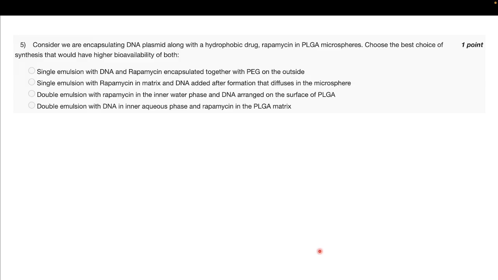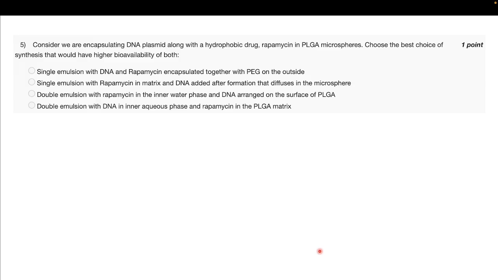Is it single emulsion with DNA and rapamycin encapsulated together with PEG on the outside? Is it single emulsion with rapamycin in the matrix and DNA added after formation that diffuses into the microsphere? Or is it a double emulsion method?